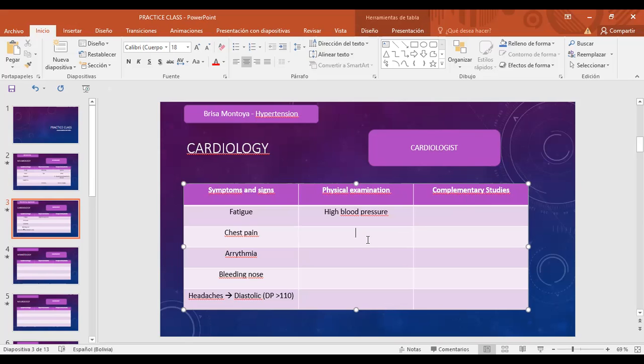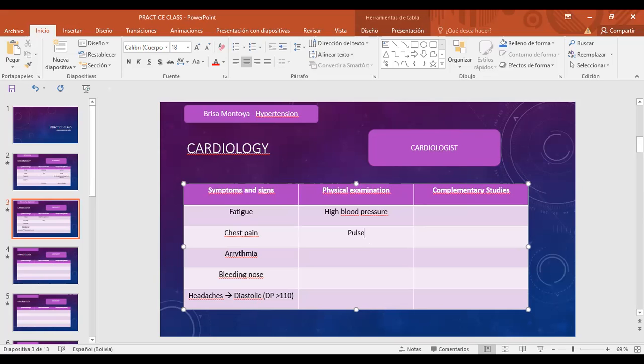But if you have this person who has had this disease for a very long time, what would you have to look for? His pulse. Pulse. Okay, so what would you tell me about the pulse in a patient with hypertension? I mean, in the long term, right?